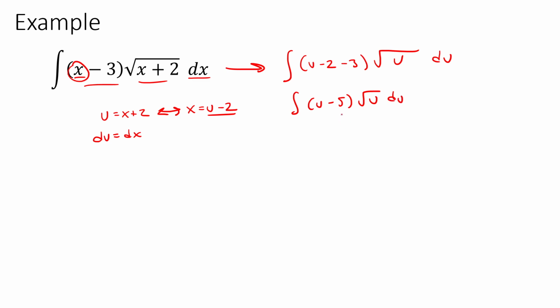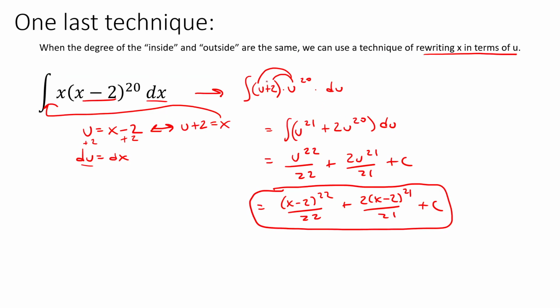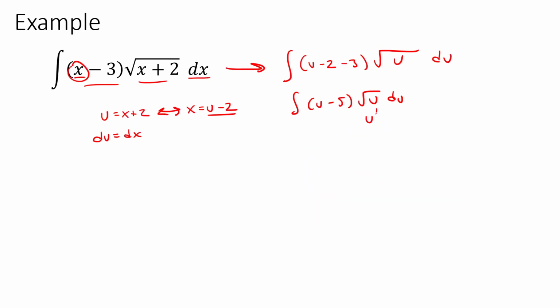And then, like last time, we distributed the u to the 20. So we're going to distribute this by thinking of it as u to the 1/2. And this is really u to the 1. And so we would add the exponents. That will become u to the 3/2 minus u to the 1/2 times 5. And now we take the antiderivative. So this will become this.